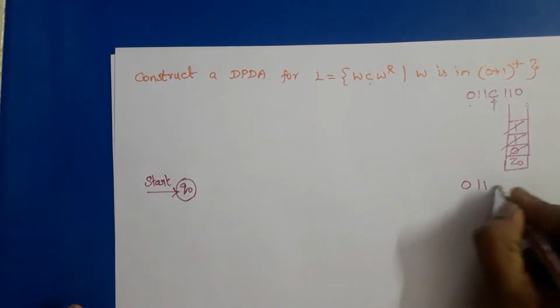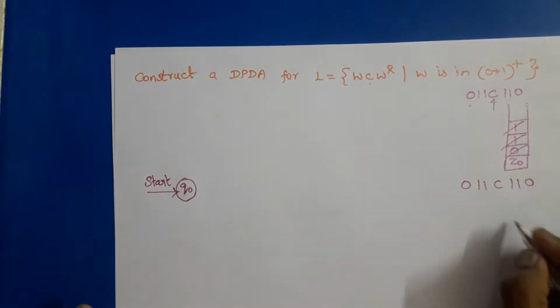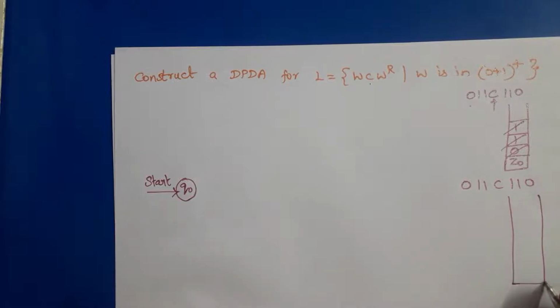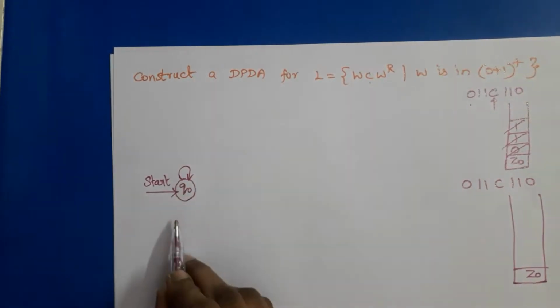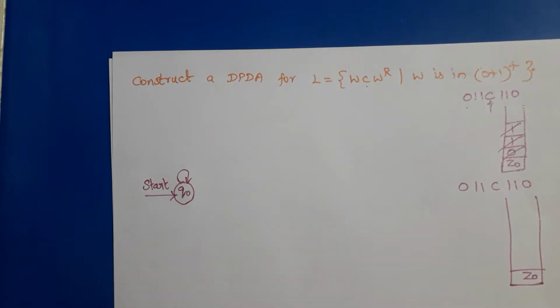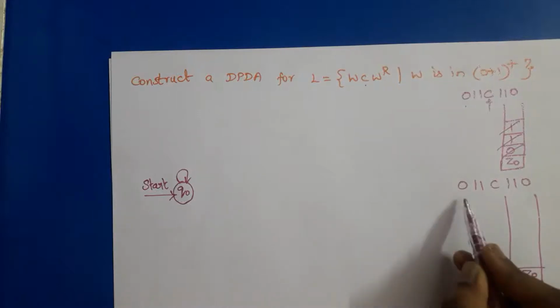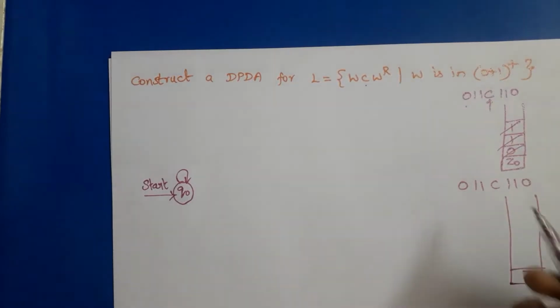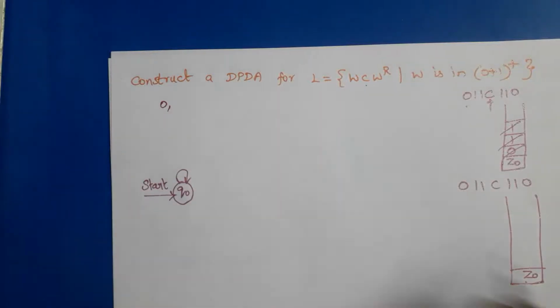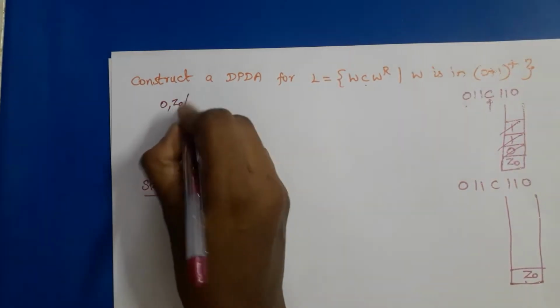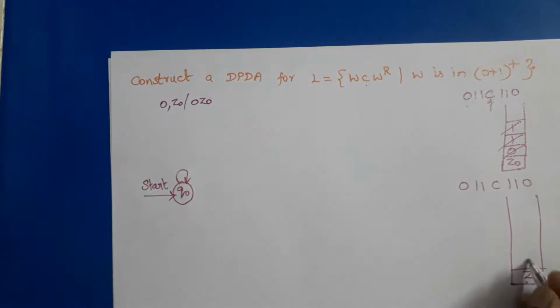Consider 0, 1, 1, C, 1, 1, 0 and the stack has Z0. So we will be in state Q0 and Z0 is the top of the stack. Current input may be either 0 or 1. So Q0, 0, comma, top of the stack Z0 means we have to push 0 onto the stack.